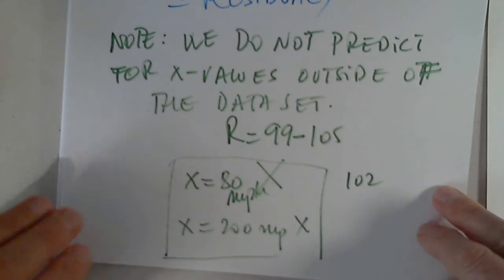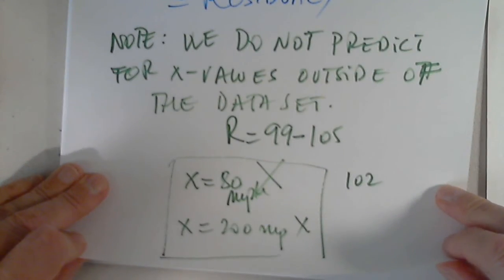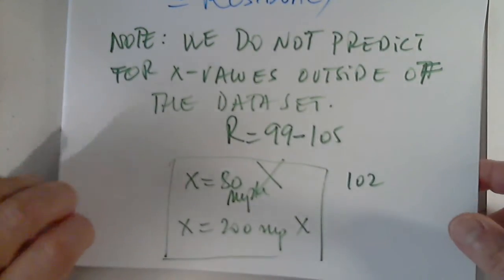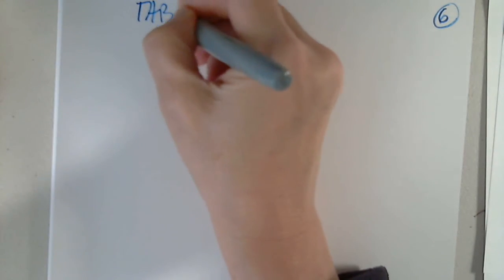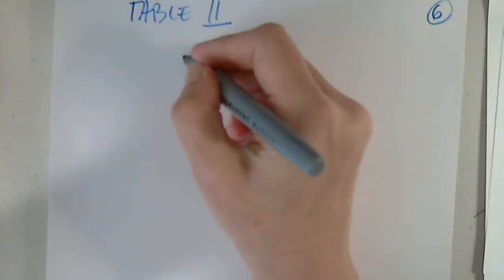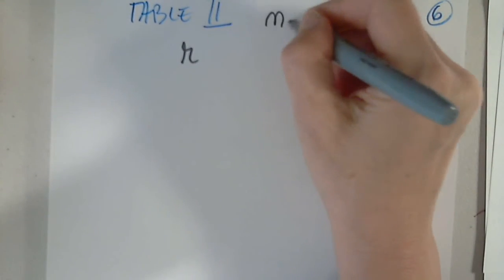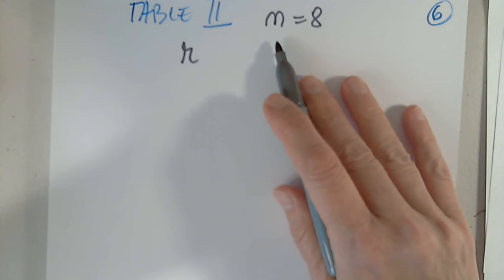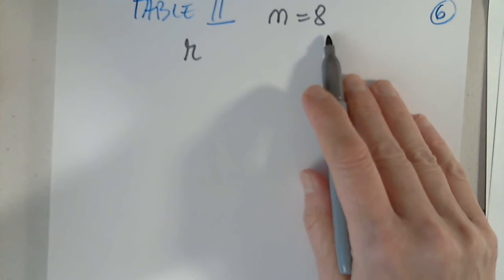Okay, is this okay, Lee? Yes? Okay, perfect. So now let's go to that table 2. For table 2, first of all, we have a sample size of 8, lowercase n, 8 entries.